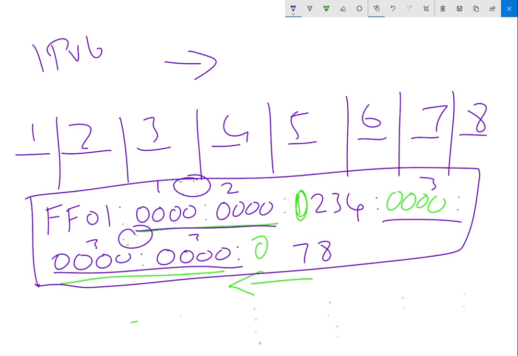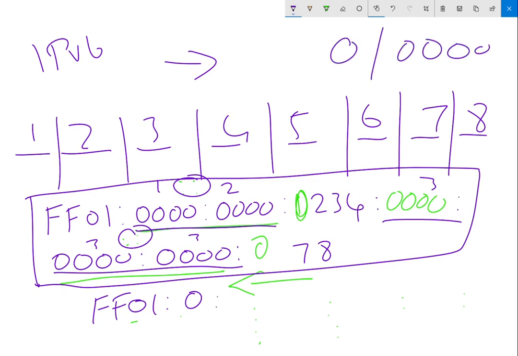So you can use it once, anywhere. FF01, here I can avoid the leading zeros, isn't it? Either I put 0 or I put 0000, both are the same.